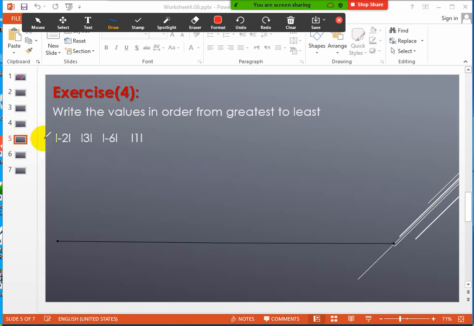Look, first thing, I will find the absolute value for each one. Negative 2, the absolute value for negative 2 equals... No, yes, I want the absolute value for negative 2 equals 2. Very good. The absolute value for 3. No, no. The absolute value for 3, it's a 3, the same number in the positive.